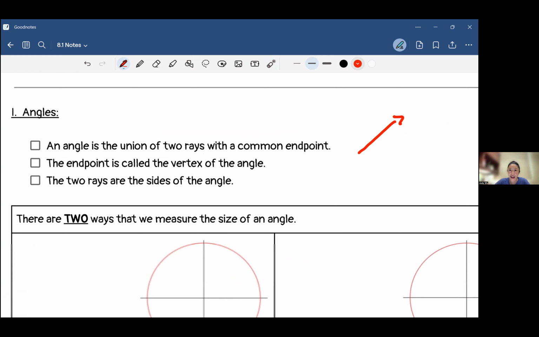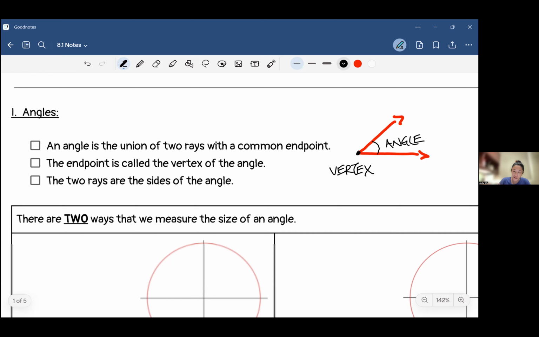So a ray is like half a line, right? There's only an arrow on one side, and it's connected to another ray, all right? The endpoint where they are, like right here, is called the vertex. And then the angle is inside or in between the two rays, okay? So that's all that means.